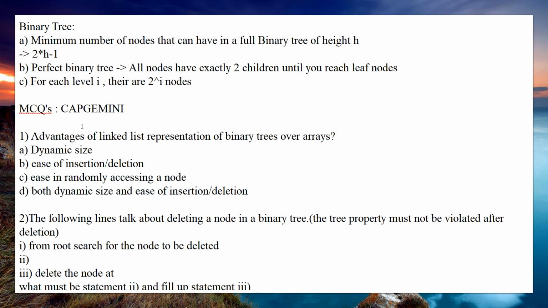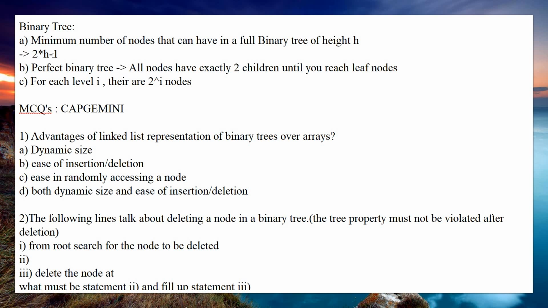If such a question is asked, you are going to apply this formula. The formula to find the minimum number of nodes for a full binary tree is equal to 2 into h minus 1. So 2 into height minus 1. This is the formula to calculate the minimum number of nodes in a full binary tree.